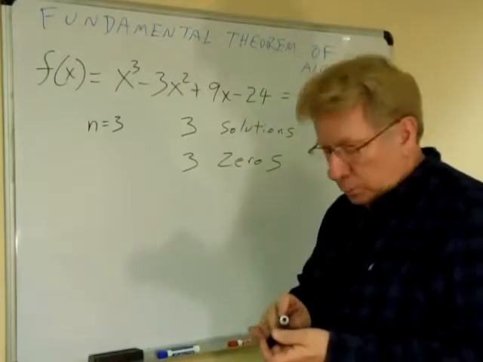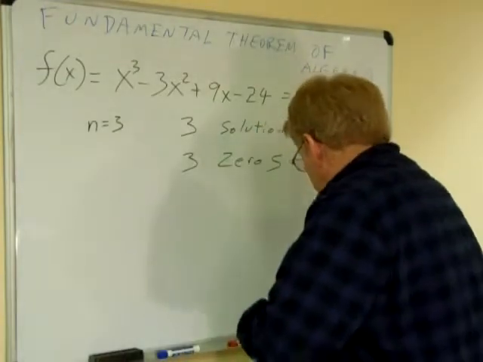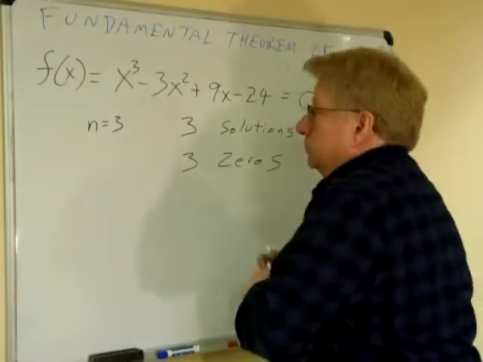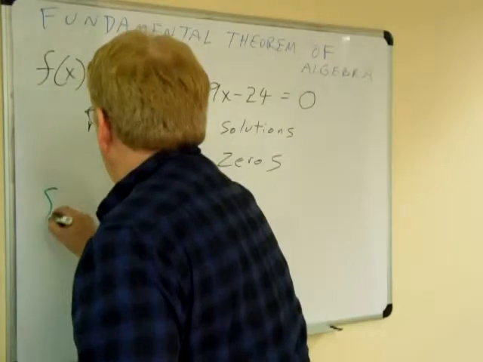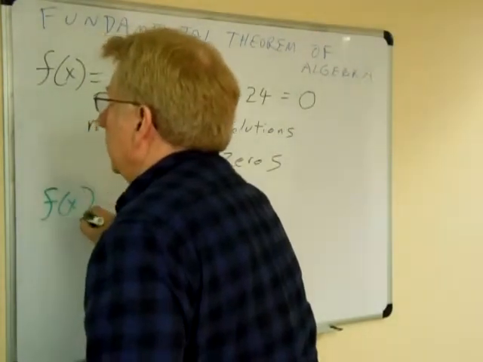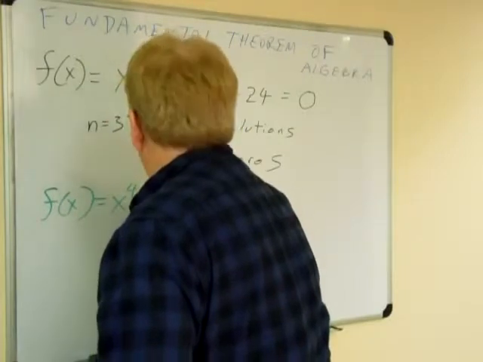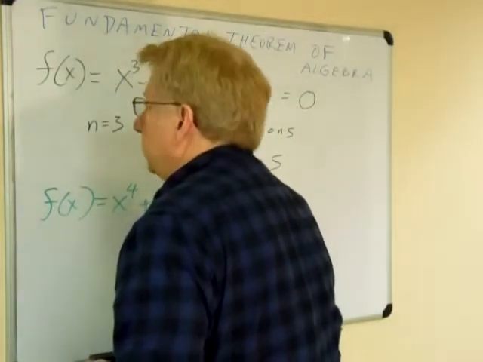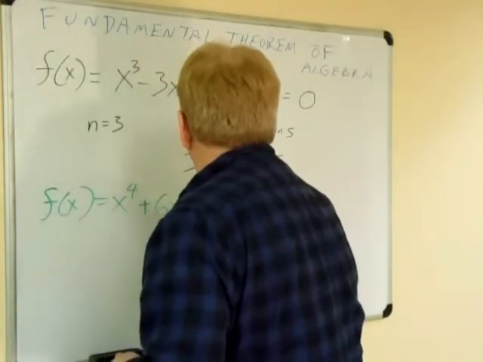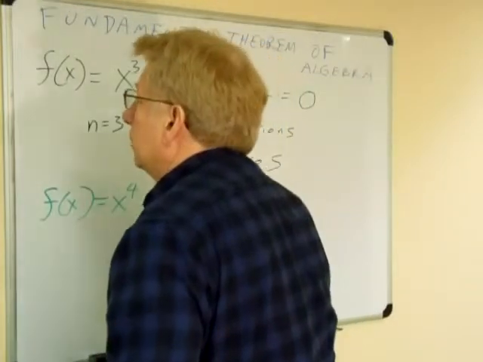Let's take another example. We have the function f of x equals x to the 4th plus 6x cubed minus 32x.